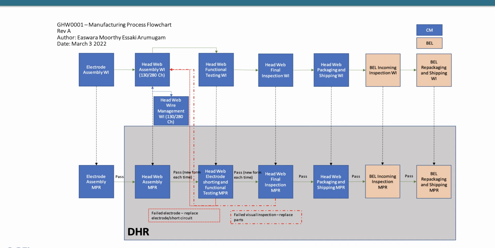So this is an example of a manufacturing process flowchart for a geodesic head web. So we have identified processes.